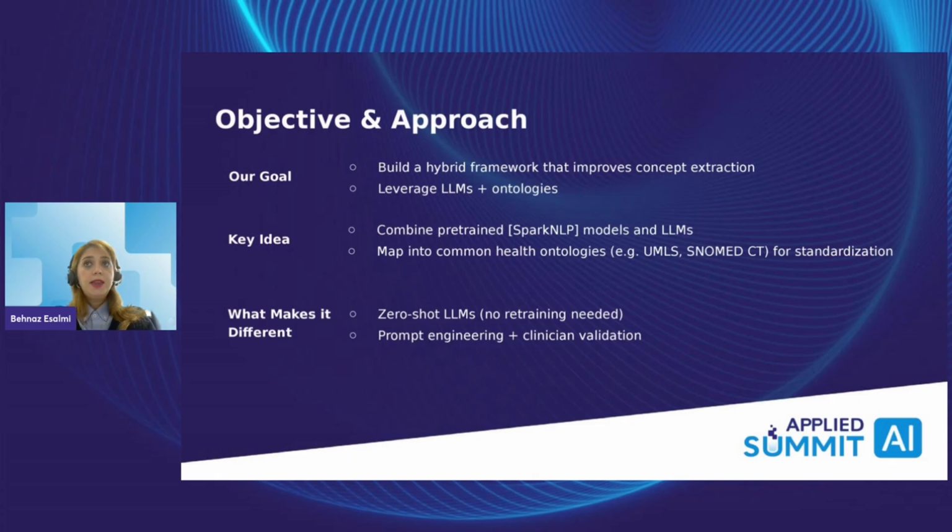After detecting candidate concepts, we map them into UMLS and SNOMED CT ontologies for standardization and mapping. This hybrid design merges the rule-based reliability of Spark NLP with a contextual understanding of large models, and it's a best of both worlds approach.